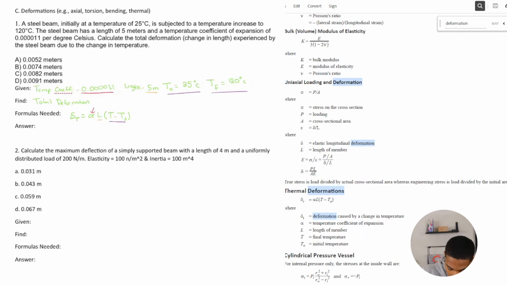Alpha times L, which is 5 meters. And this is per degree Celsius.